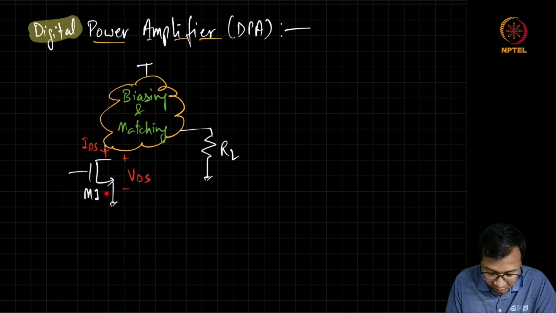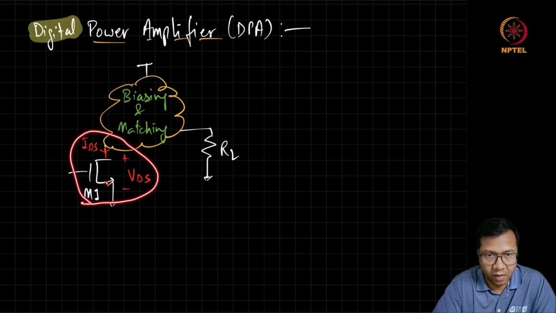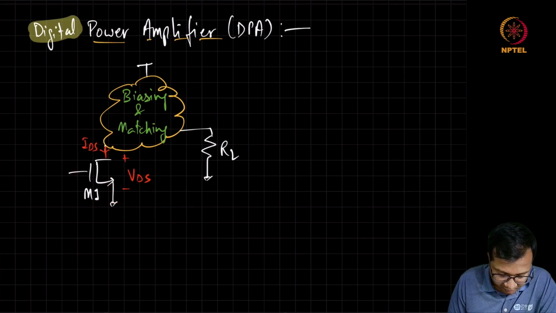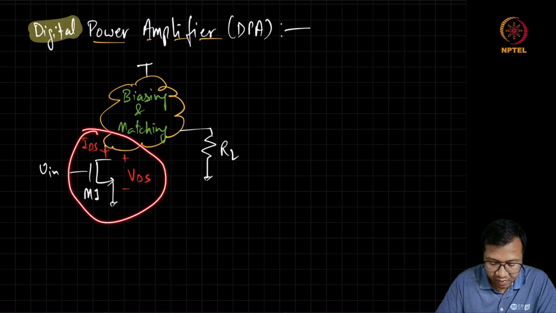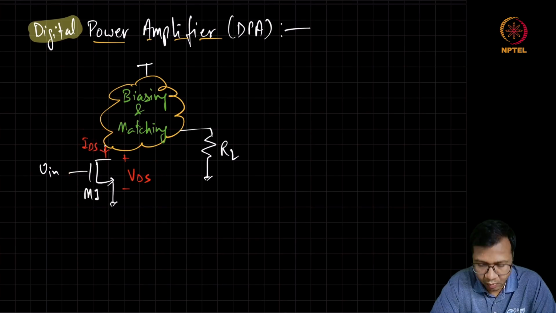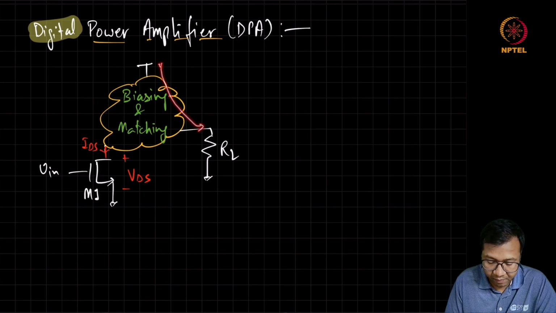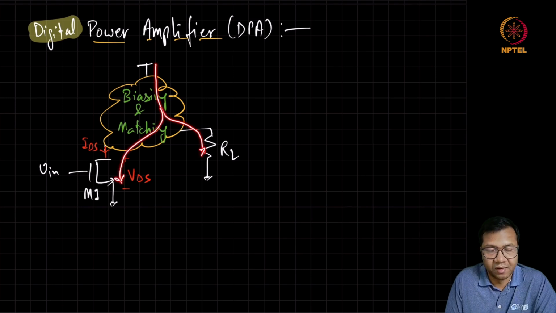then we can find out what is the power dissipation in this input element. So we are applying a signal here, resulting in IDS and some VDS. By looking at the power dissipation in this M1, we can talk about the overall efficiency of this entire power amplifier, because the power which comes from the supply goes to the load and to this transistor.